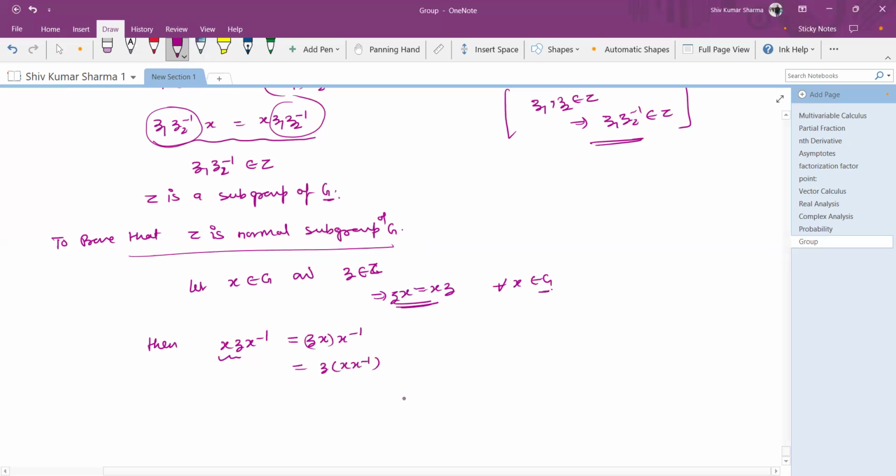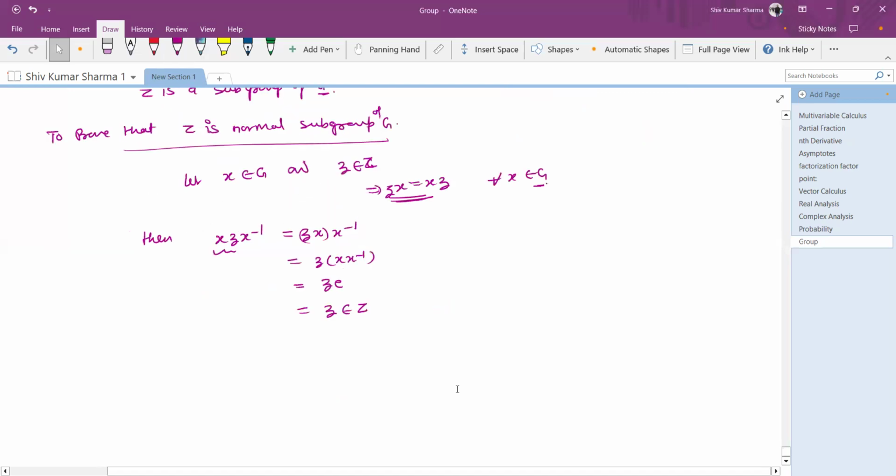By using the associative property, x into x inverse is the identity, so this is z into e, equal to e into z, equal to z. So xzx inverse is equal to z, where z is an element of Z.